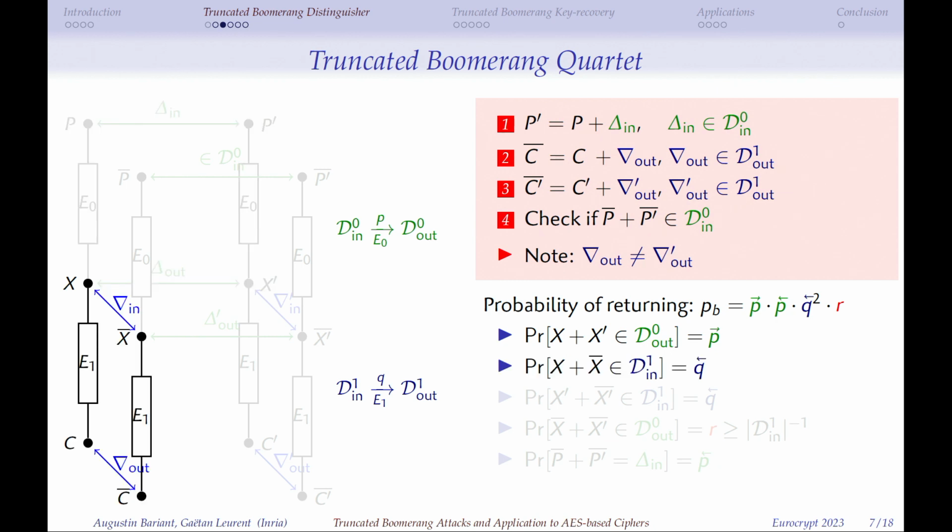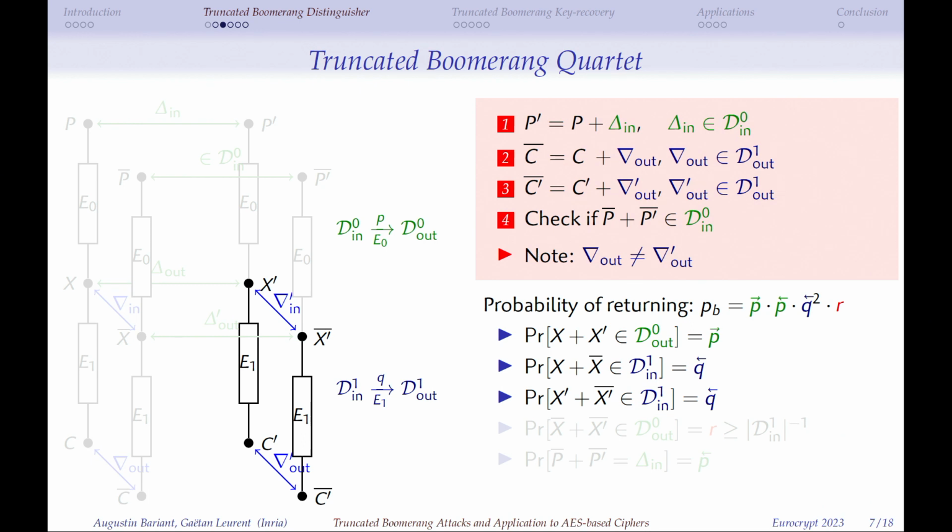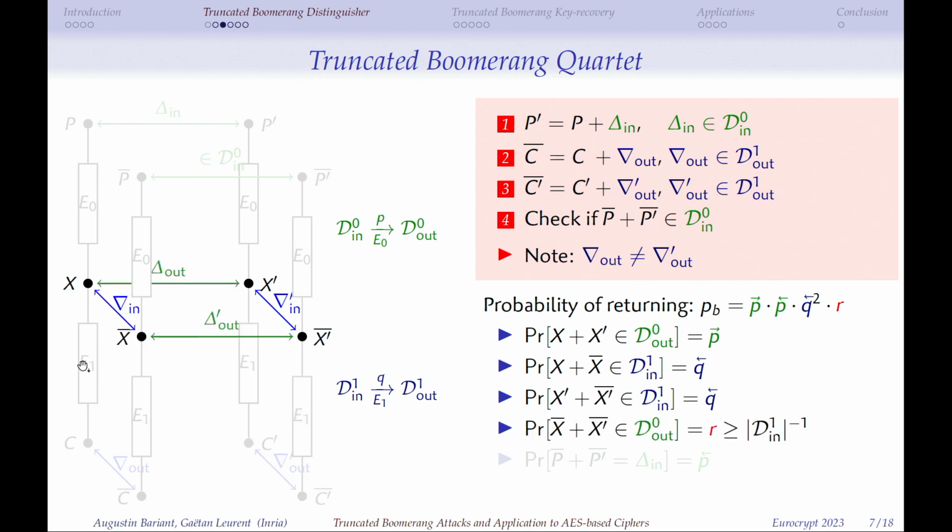Then you shift your ciphertext, you decrypt, and then we can look at what happens in the bottom part. With some probability, your difference nabla out will go to a difference nabla in that is in the set following the trail, and this happens with probability Q backwards. It's the same thing on the other side of the boomerang. Then if you have those three conditions, so delta out is in the set, nabla in is in the set, and nabla prime in is in the set, then with some probability, the fourth side of this square will also be in the good set.